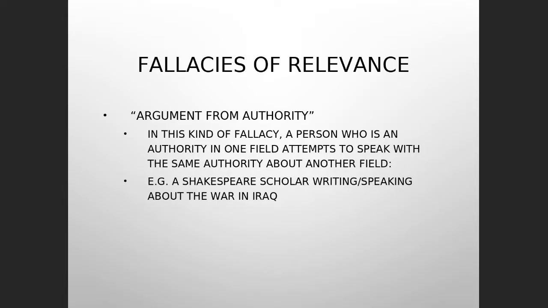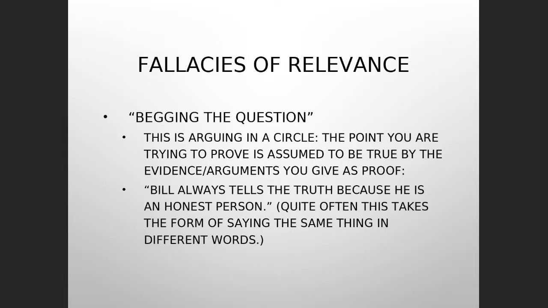Okay, a medical doctor is not a specialist in virus transmission or infectious diseases. Epidemiologists are. That's why you listen to the specialists first. Okay, so a false argument from authority is appealing to someone who has authority in one field as an authority when they're actually not speaking in the area of their expertise.